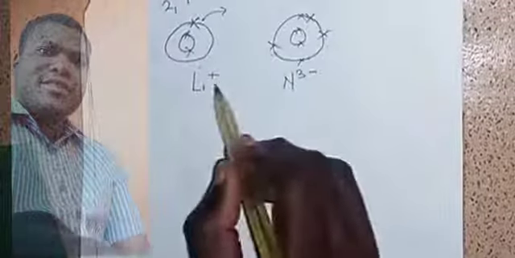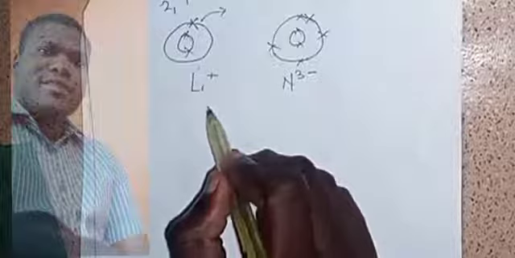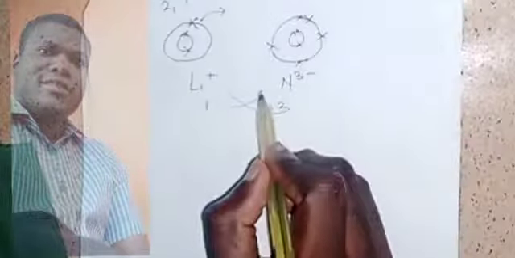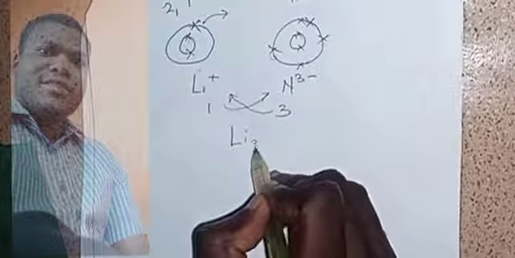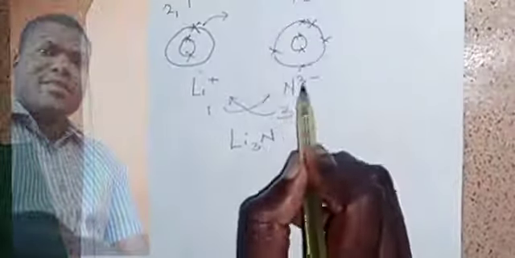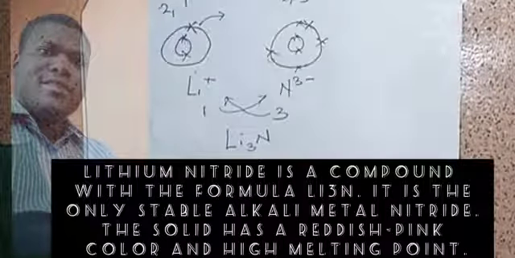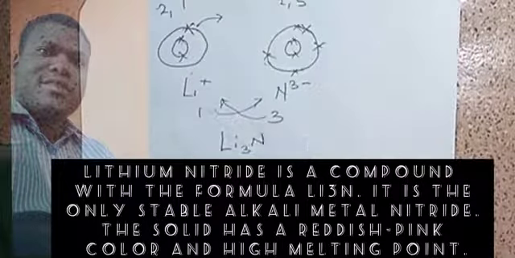So with this one losing 1 and this gaining 3, bonds will arise, because the valence of this one will be 1, and this one will be 3. If I exchange their numbers, they will give me a compound. They form a bond, that's Li3N, because they exchanged the numbers. That's going to be lithium nitride. I think you get that.